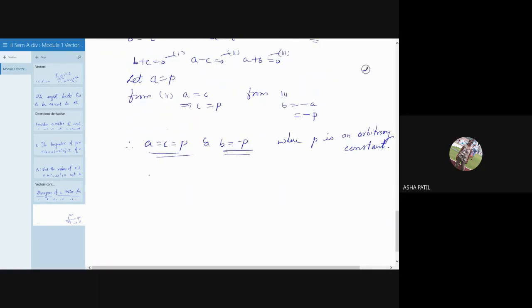Take the next example. If f is equal to x plus y plus 1 i plus j minus x plus y k, show that f dot curl f is 0.